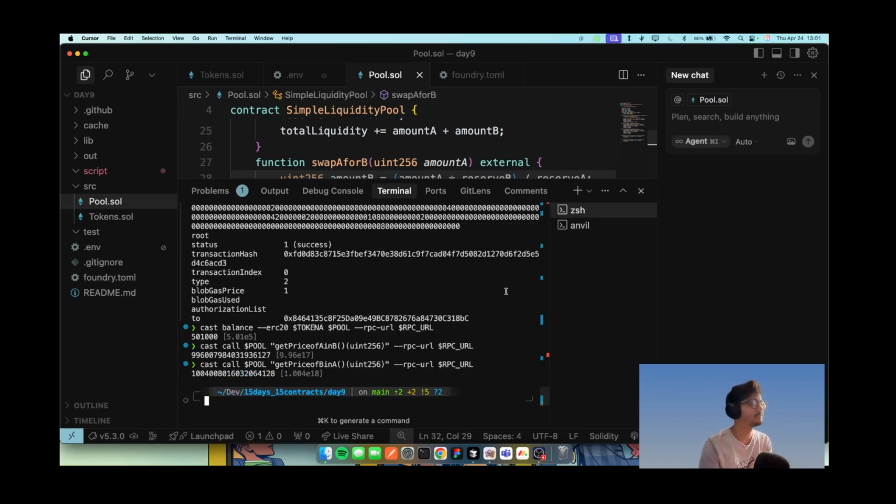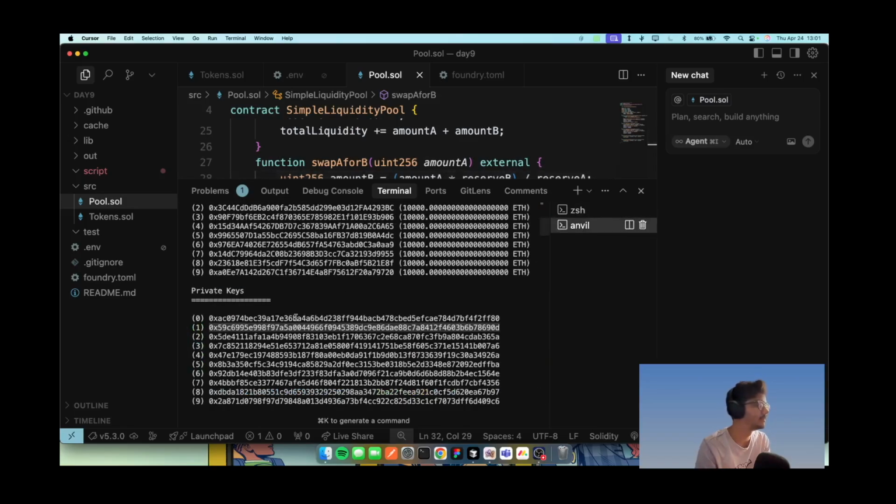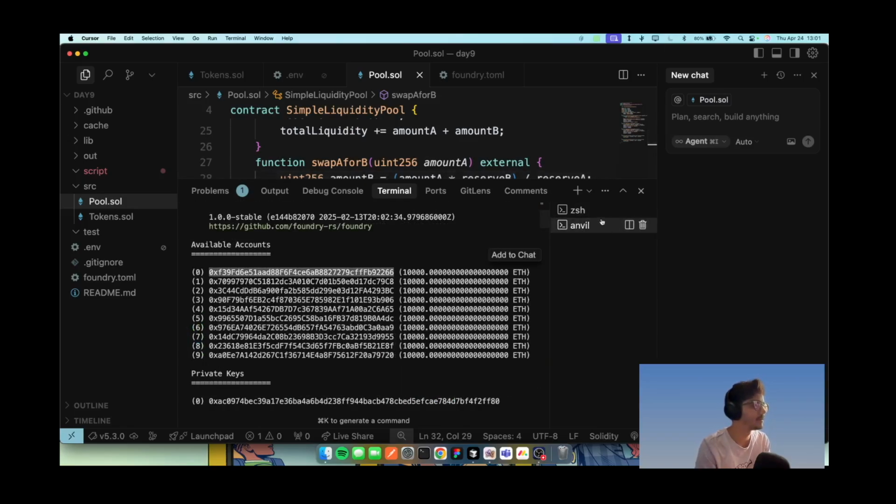Now let's see if the guy who actually put some A got back some B, right? So cast balance ERC20 $token B, and the address that we need here is this guy.